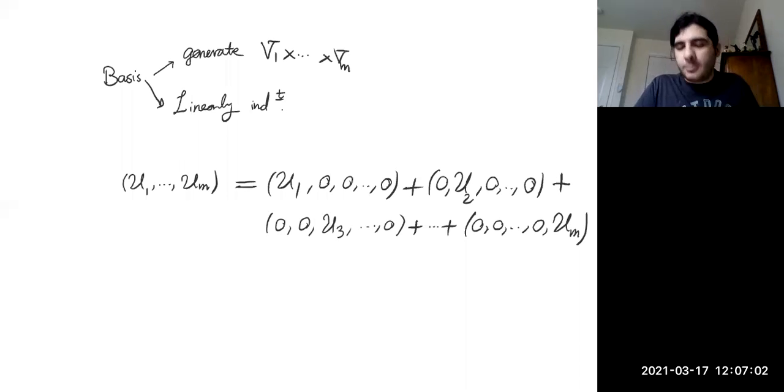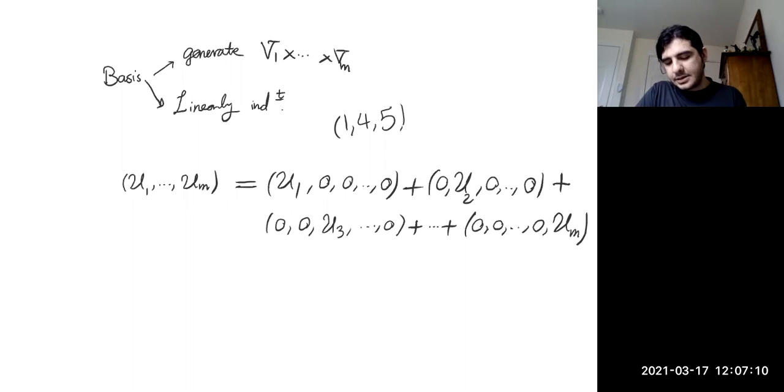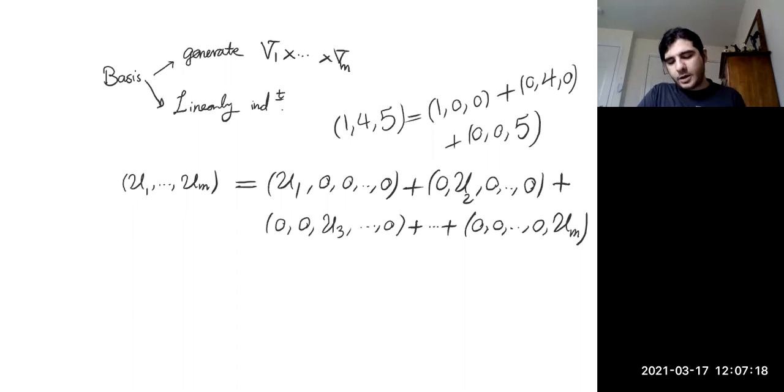Right? Why is that? Because we have this component-wise addition. Because (1, 4, 5) as an element is equal to (1, 0, 0) plus (0, 4, 0) plus (0, 0, 5). When we are adding them, we add each component to its corresponding component.